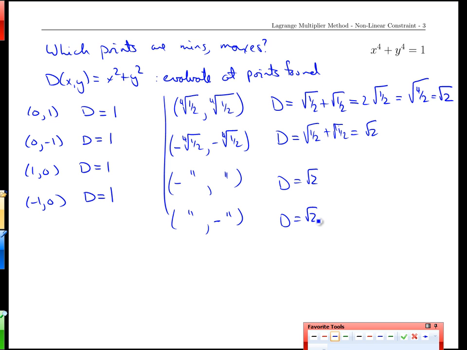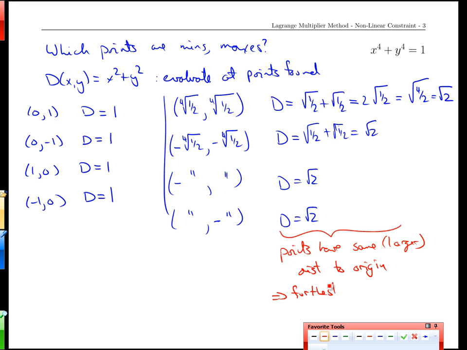Okay, what does that tell us? These are the distances squared to the origin. These points have the same, and let's be clear here, this number is bigger than 1, larger distance to the origin. And so these would be the furthest on x to the 4th plus y to the 4th equals 1.